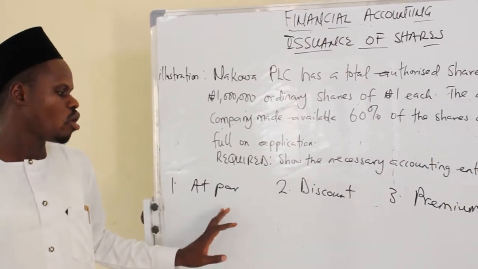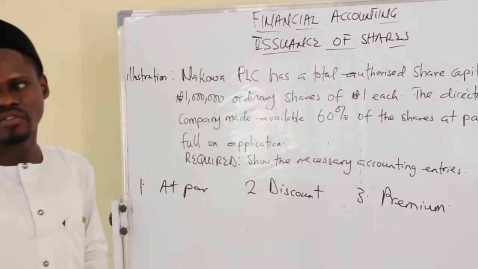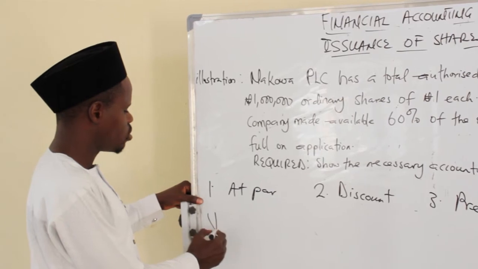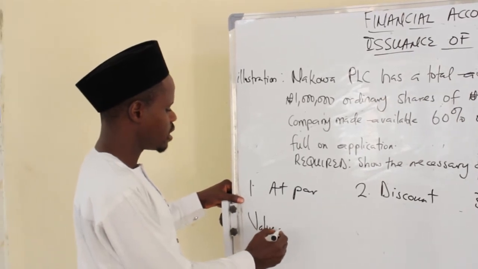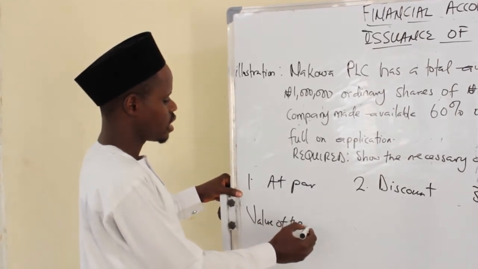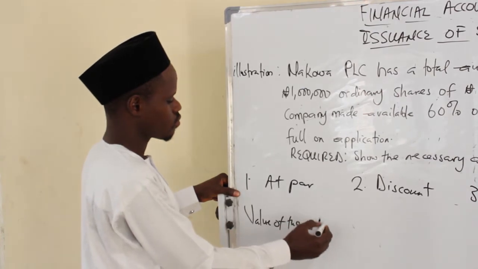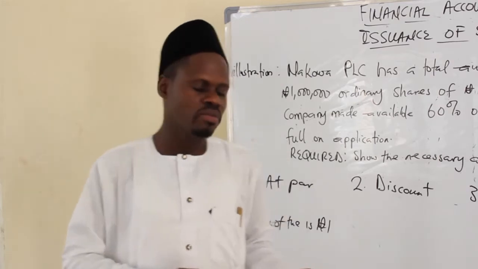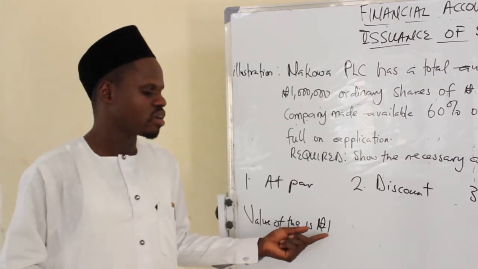What do we mean by the word at par? Let's say, for example, the nominal value of the shares of the company is 1 naira.